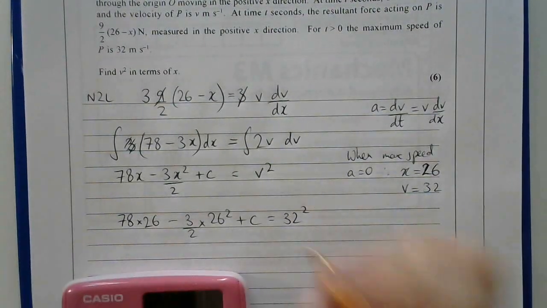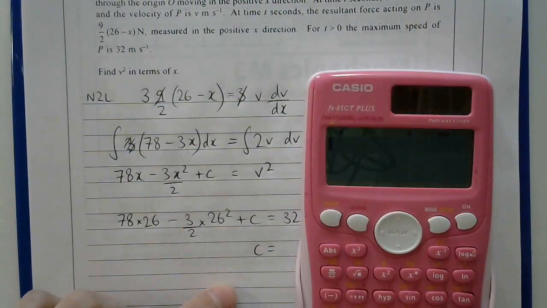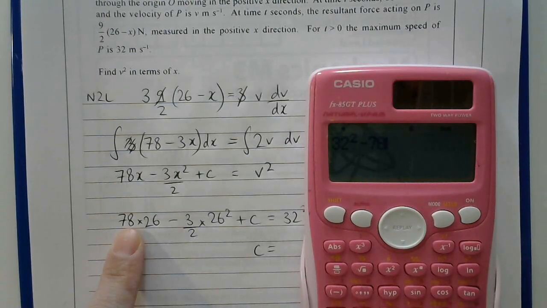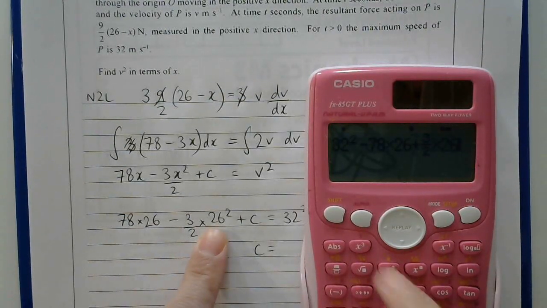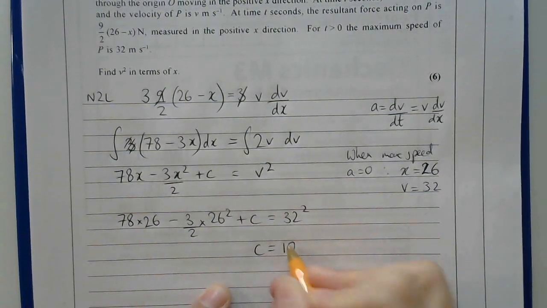Okay, so popping all of that into my calculator, I do 32 squared minus 78 times 26 plus 3 over 2 times 26 squared, and I end up with that c is 10.